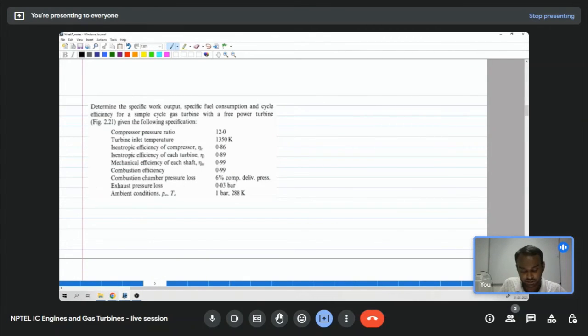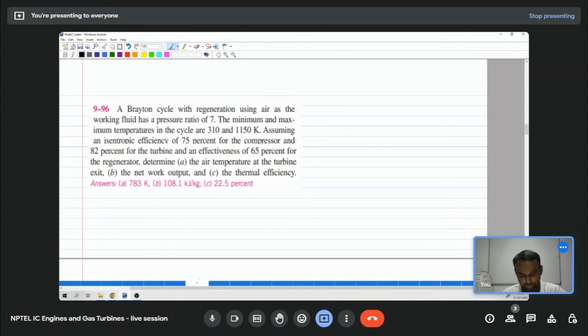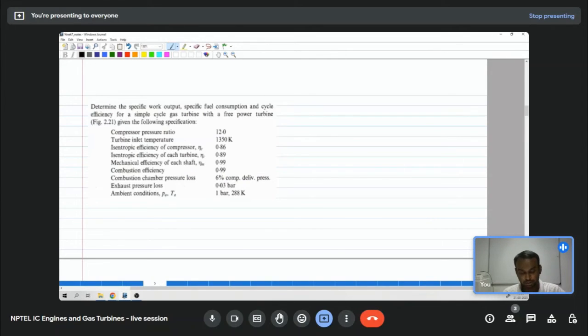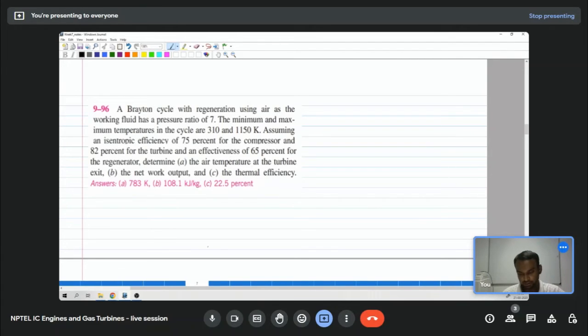If there are no questions, then I will move on to the next problem. This problem is also much similar to what we saw earlier, so I will take the next problem.